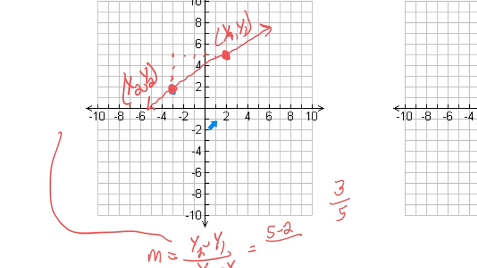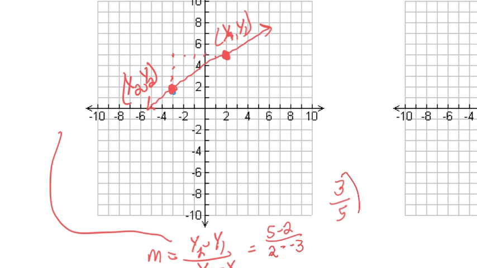The x is 2 for this point, and the x is negative 3 for this point. So I'm going to write 2 minus negative 3, which is the 5.